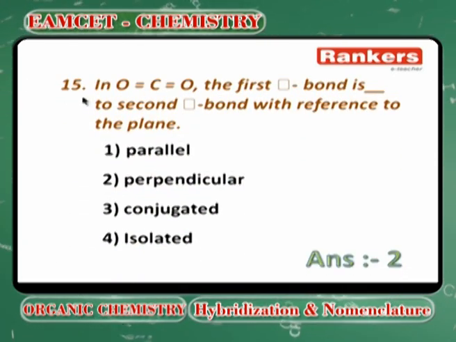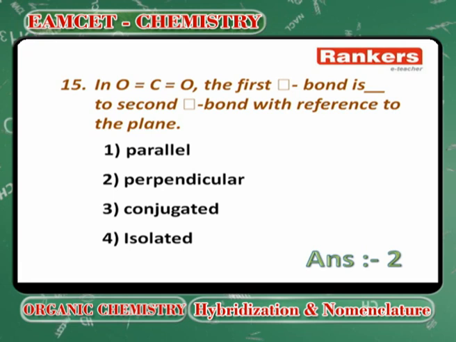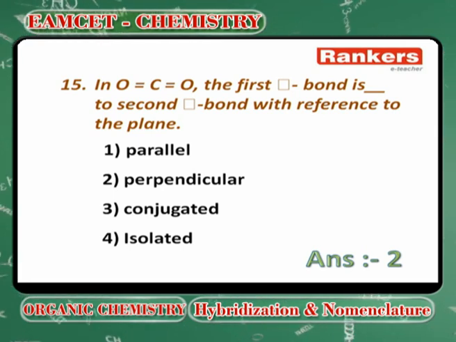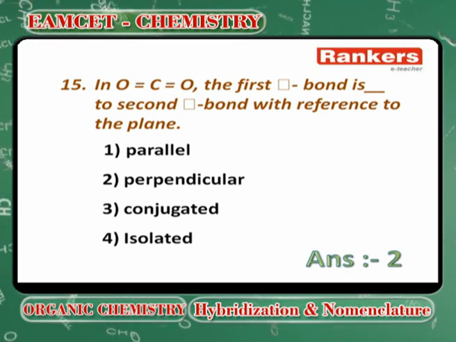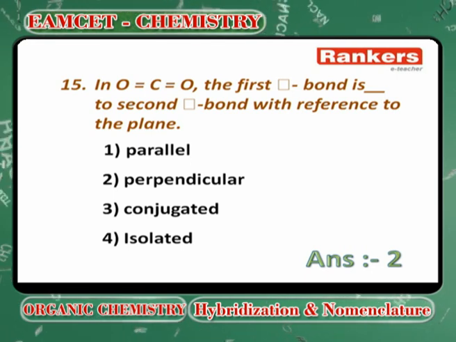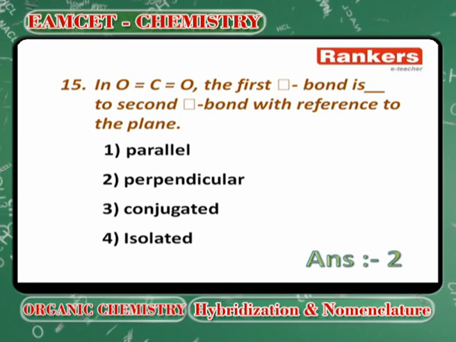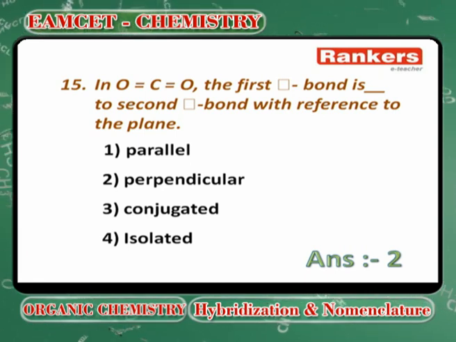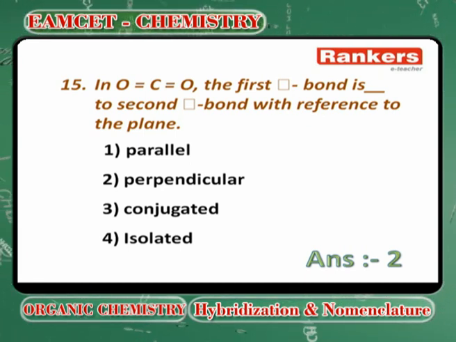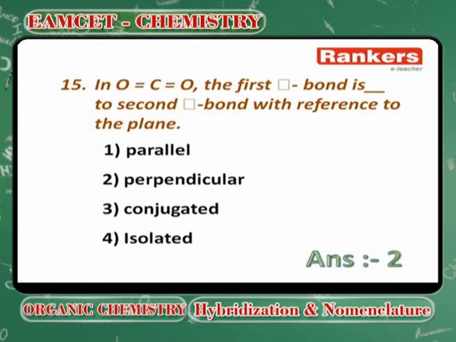In carbon dioxide, there is only 1 carbon, and there is a second pi bond. First, this side pi bond, and the other pi bond is with reference to another plane. So, the plane of the first C double bond and the plane of the second pi bond are perpendicular to each other.